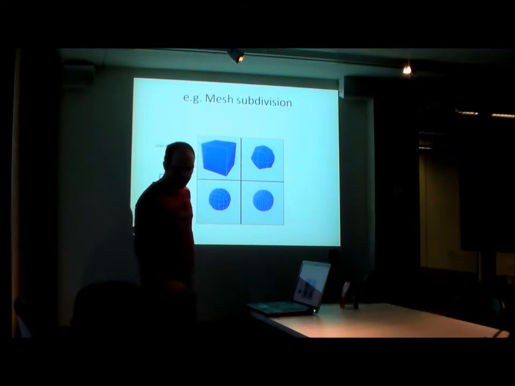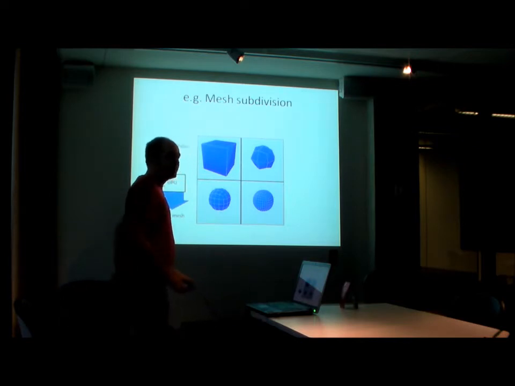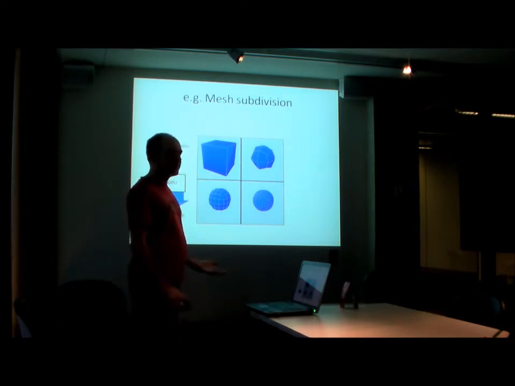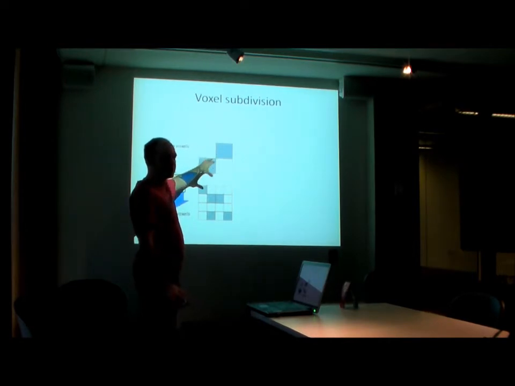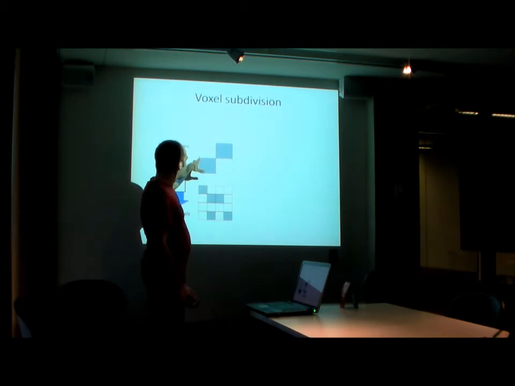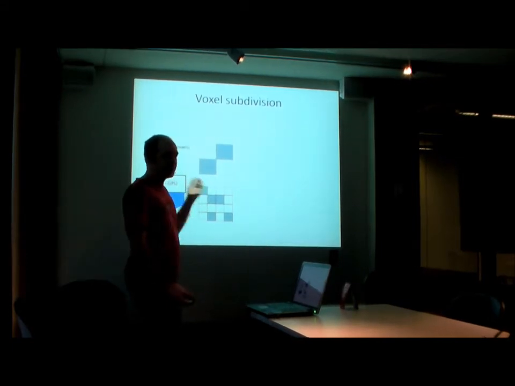So the idea of voxel subdivision is to do something very similar, but on voxels instead of on meshes. Let's consider just 2D for the moment. We take some voxels representing part of the world. Space can be white and the grey can be solid.